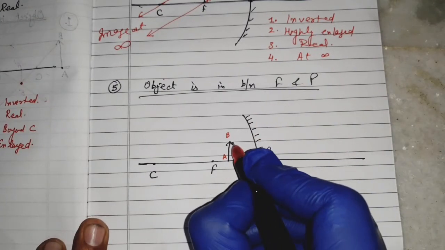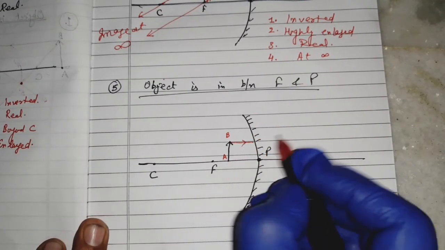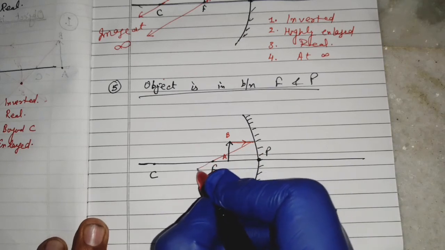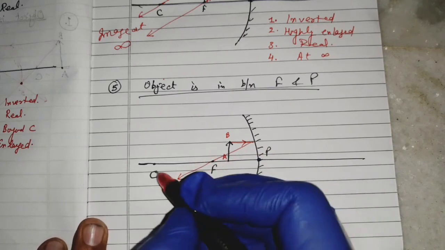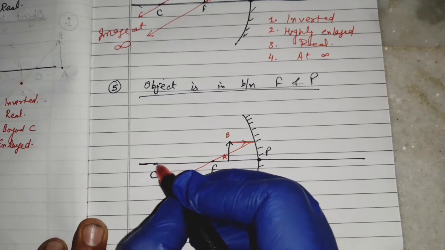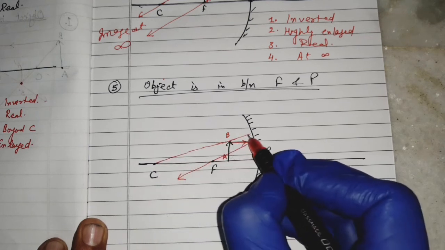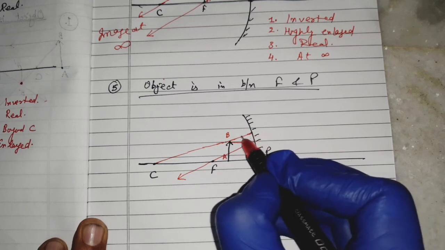Now again, a ray going towards the mirror parallel to the principal axis passes through F, and a ray from B to this point is then reflected back.